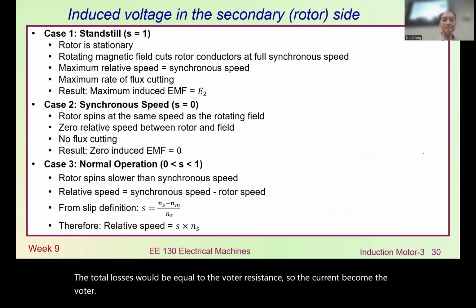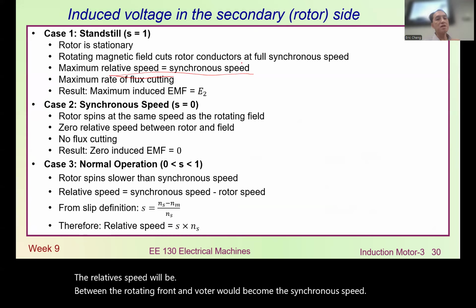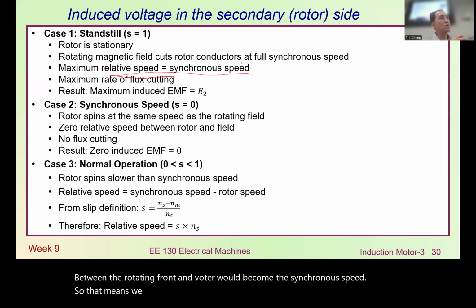That means the relative speed between the rotating flux and the rotor will become the synchronous speed, so we have the full 60 hertz cutting our rotor.